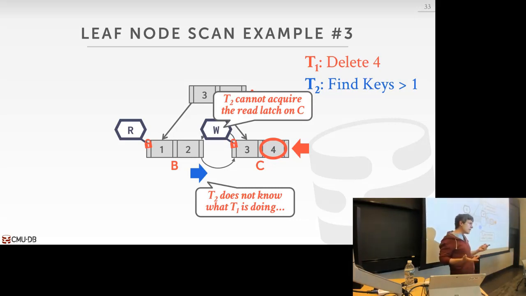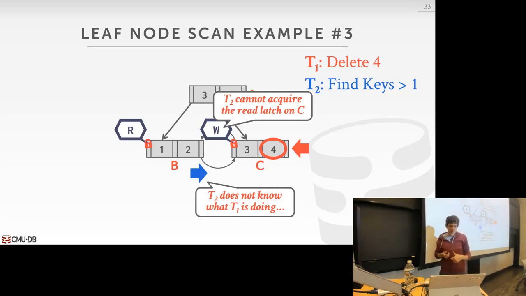So we could wait, but that could be a bad idea too, because we don't know what this guy's doing, right? We don't know whether, in our example, it's just deleting this one key, and then it's done. But we don't know that. It could also be trying to acquire the latch on B, and therefore I have a deadlock.